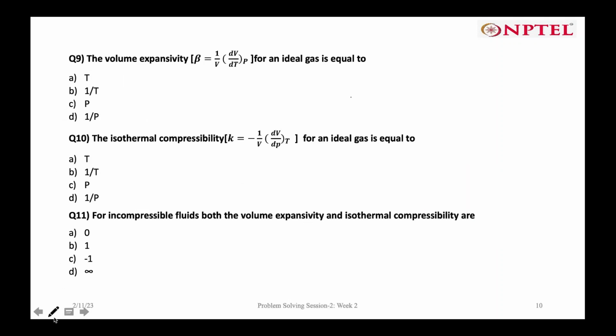Similarly, try to solve for isothermal compressibility, K is equal to minus 1 by V into dV by dP at constant temperature for an ideal gas. Everybody try to solve and tell the answers.